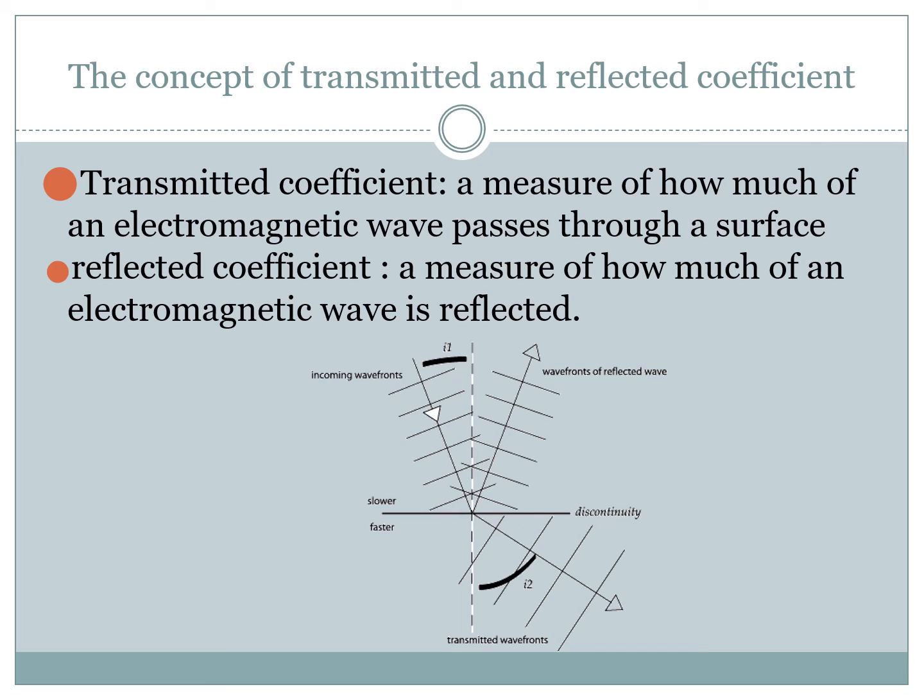The transmitted coefficient is a measure of how much of an electromagnetic wave passes through a surface, whereas the reflected coefficient is a measure of how much of an electromagnetic wave is reflected. As we've seen in our wave field, some of the wave was transmitted, it went into the second layer, and some of the wave was reflected, it went back into the first layer.